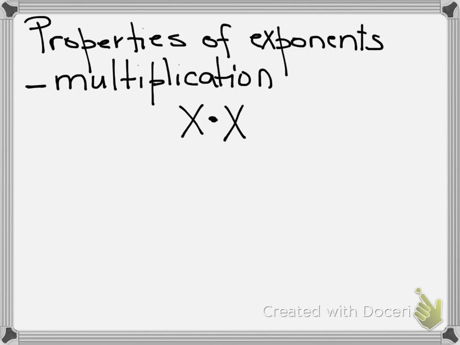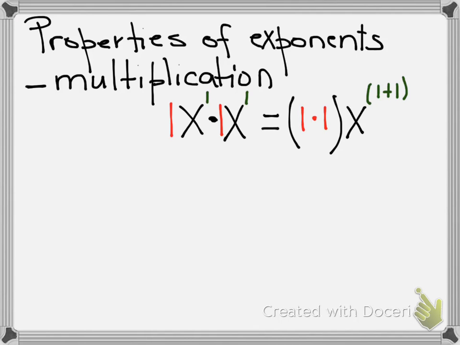We do not need them to be like terms. If the bases are the same, which means the letters are the same, and we are multiplying, ladies and gentlemen, what we have to do is multiply the coefficients, which is the number in front of the letter, and then we add the numbers on top of the letter. That is referred to as the degree.